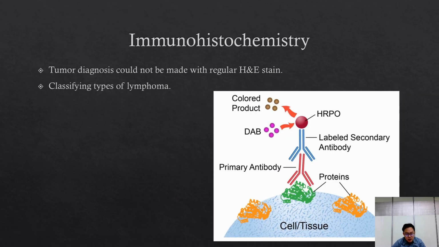One of the other common things we do with tumor cases is a process called immunohistochemistry, so-called IHC. IHC is we use what we know about certain proteins that are expressed by certain cell types and certain tumor types.